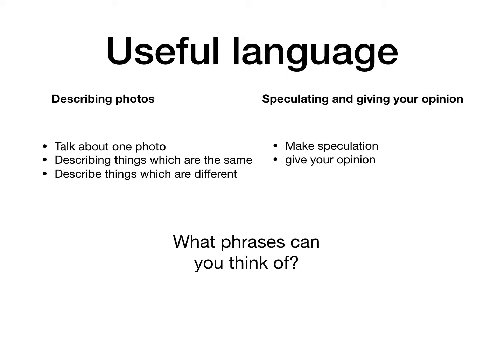So let's start looking at phrases for talking about one photo. It's probably the easiest one that we have here. So a common phrase you could use is, the top picture shows. Usually your pictures will be divided in top and bottom.